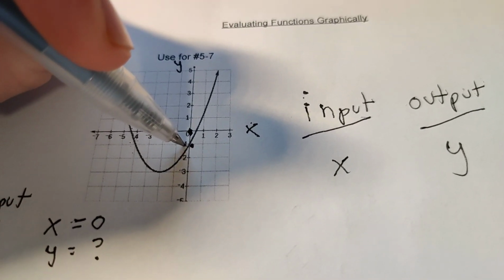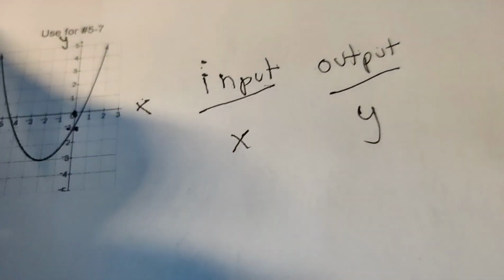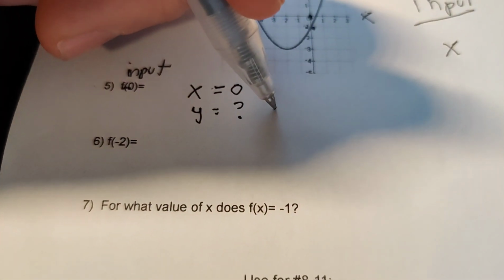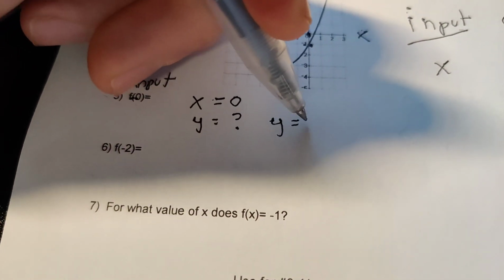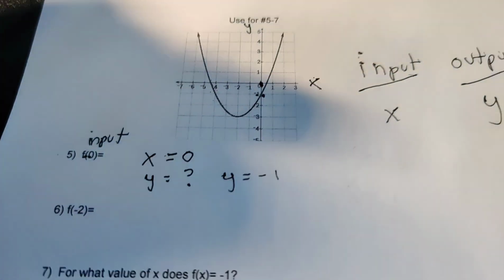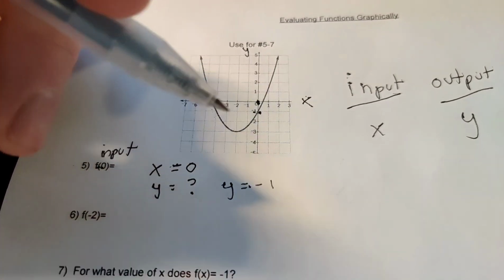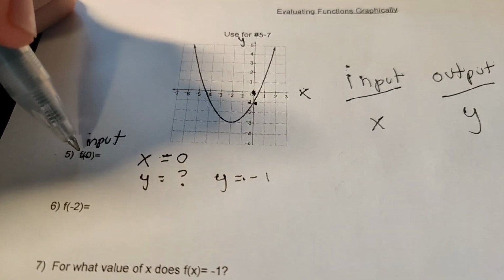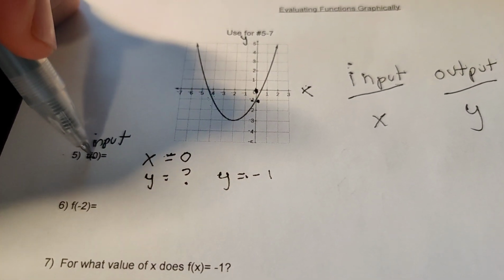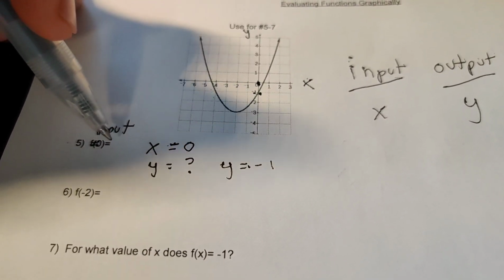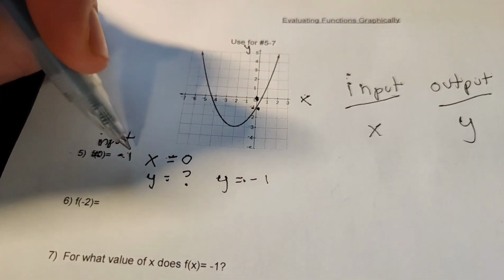Well, it's at -1, okay? So that means the value of y is -1, all right? So when x is 0, y is -1, or said another way, that f of 0, our input is 0, our output is -1.